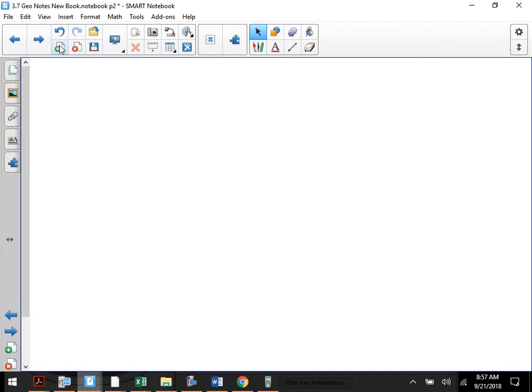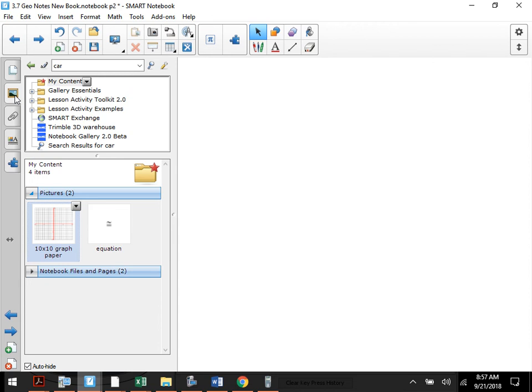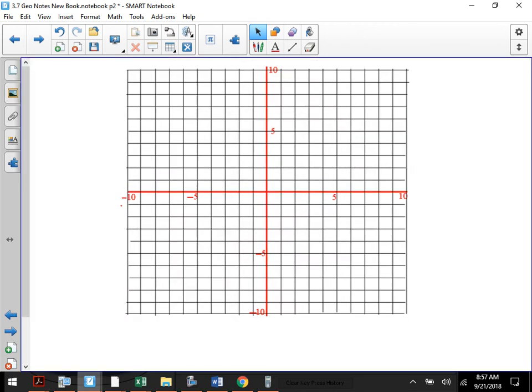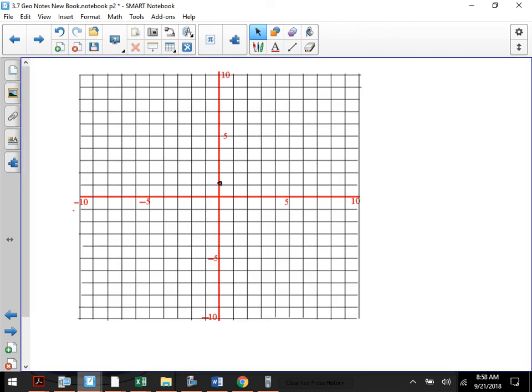If it says write the equation of the line, I'm going to see if I can get this one to work. As I'm looking at it, I have one here that has a y-intercept. It goes up 1. My line looks kind of like this.